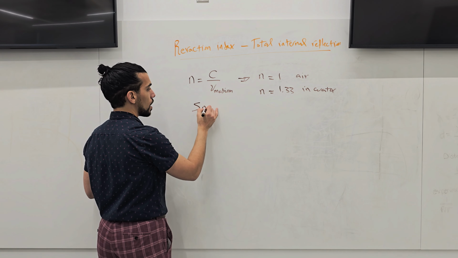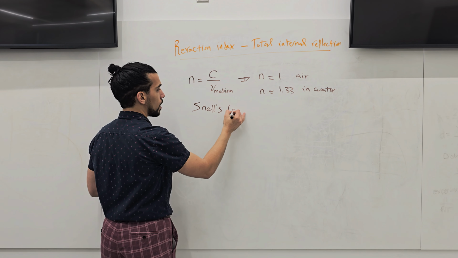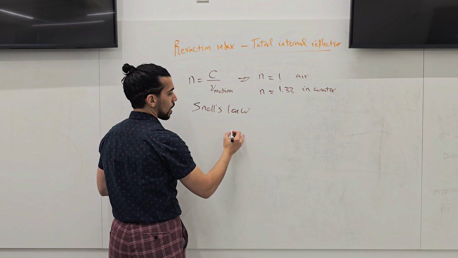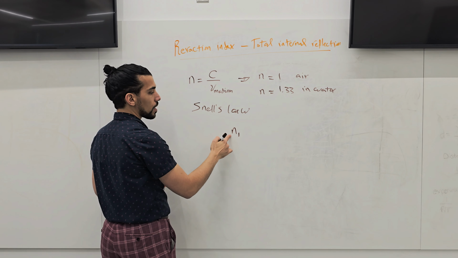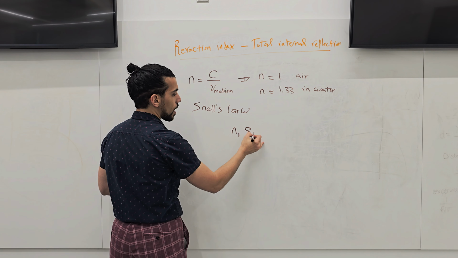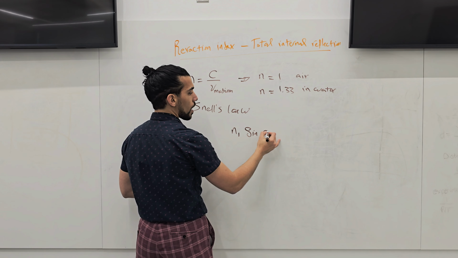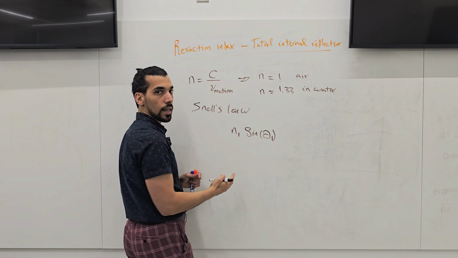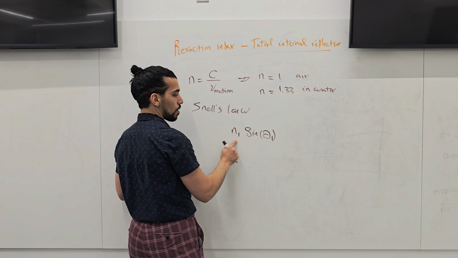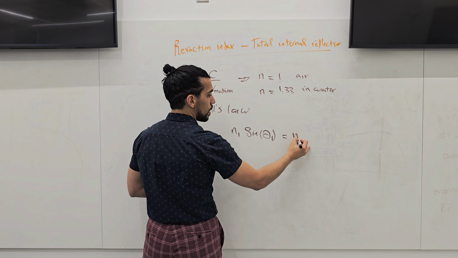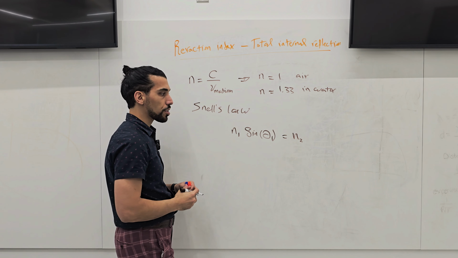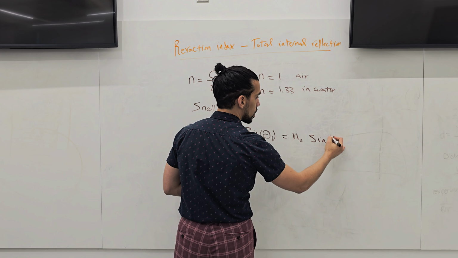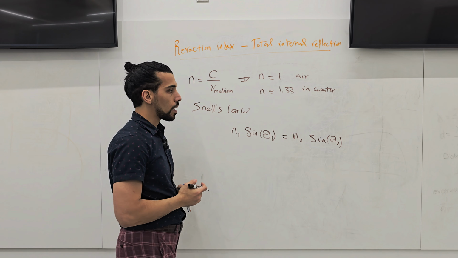Snell's law basically says that n1, the refraction index of one material, sine theta 1, the incident angle of the light or the electromagnetic waves in this medium of n1, is equal to n2, the refraction index of the other material, sine theta 2, the angle of the light in the other material.